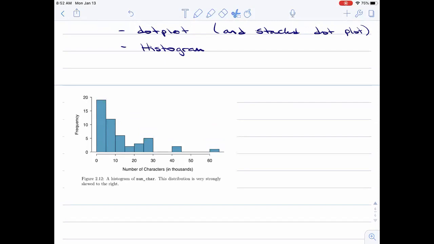So it essentially makes categories, but it's on this continuous scale, right? And so between 0 and 5,000 characters, right, there were around 20 emails like that. Right? And then between 5 and 10,000 characters, there were roughly, I don't know, 13 emails like that.